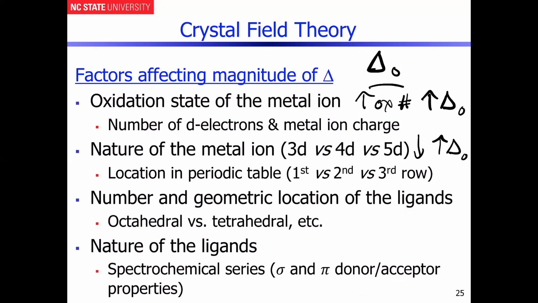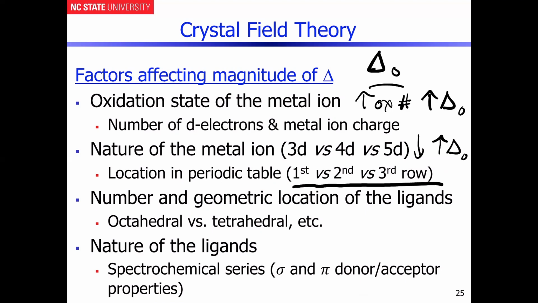And because they're stronger bonds, they will wind up giving you larger values of del O as you go down the periodic table. In fact, everything that's 4d and 5d makes low spin compounds. You can only make high spin compounds from the 3d series in terms of using ligand fields to control everything. And that was really the location in the periodic table, so the first row transition metals versus the second versus the third.